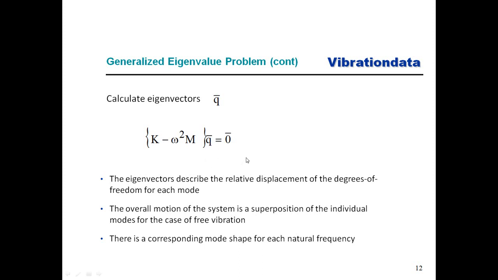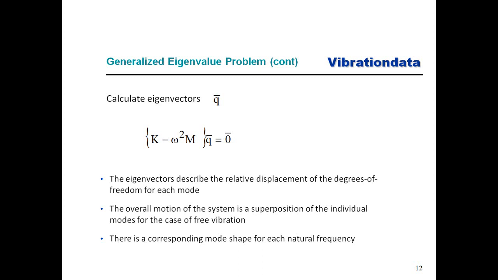Now these eigenvectors describe the relative displacement of the degrees of freedom for each mode. And then the overall response for the case of free vibration, for the case of a homogeneous problem, the overall motion is a superposition of the individual modes.